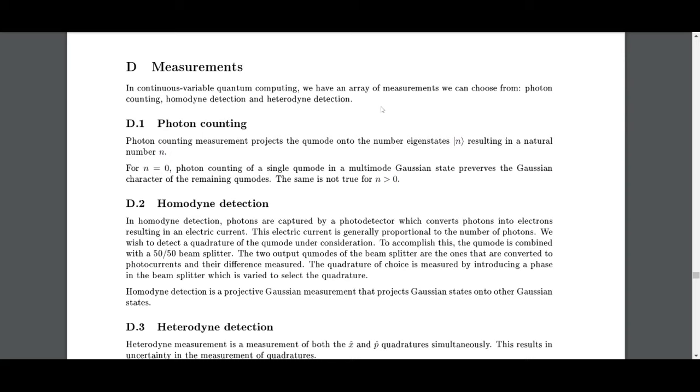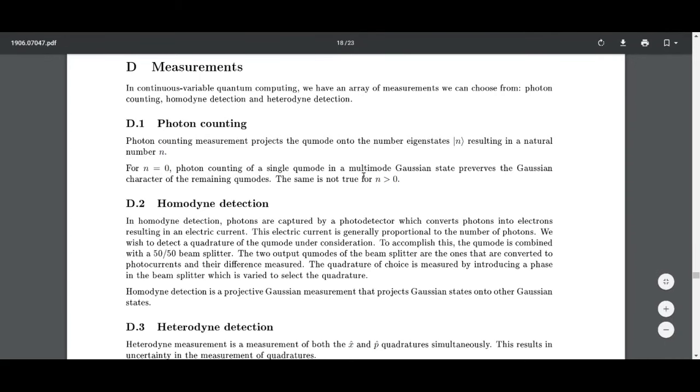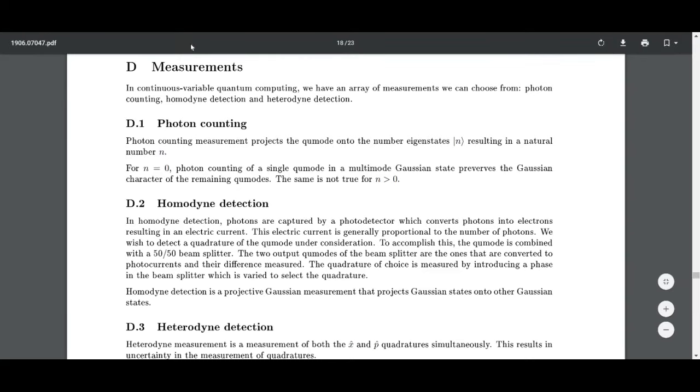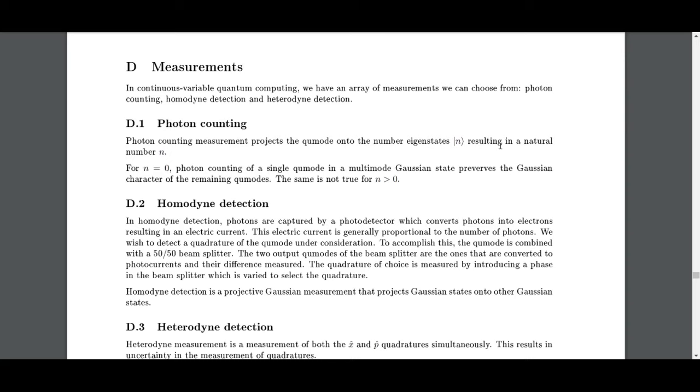So if you want to, you can move stuff around. The way you measure in different bases is just by manipulating the information and applying gates before performing a Z measurement. So all the other measurements can be defined with the Z measurement, and then here it's this photon counting measurement projects the Q mode into the number eigenstates and resulting in a natural number.